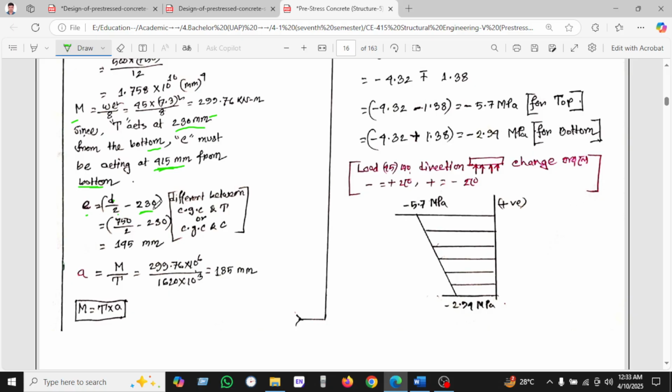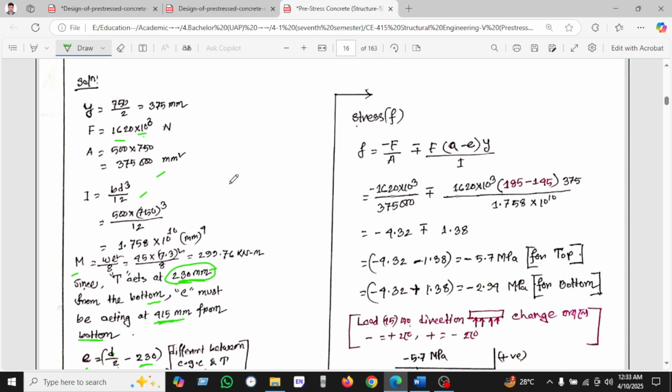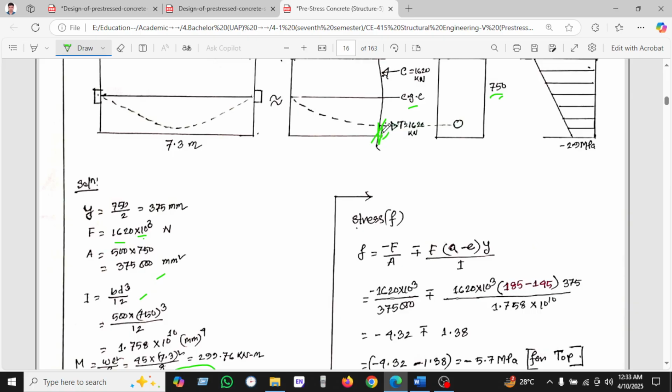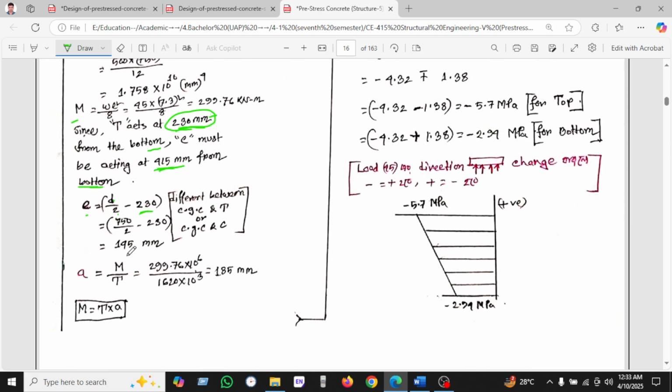How do we get 230? 230 is given in the example, which is given in the question, in this section the distance between top to the T, and found 145 millimeter of E. The difference between CG and T or CGS or C is given.